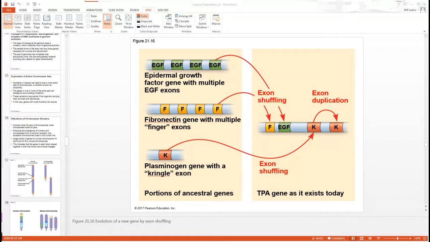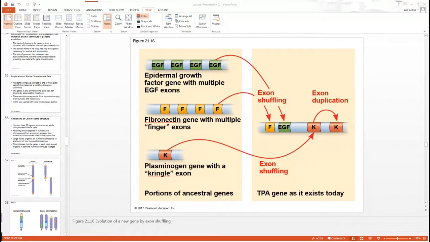Chapter 22 discusses a little bit how genetic change occurs normally, but there are mutations that can occur which are going to exacerbate the degree of change happening within the genome.